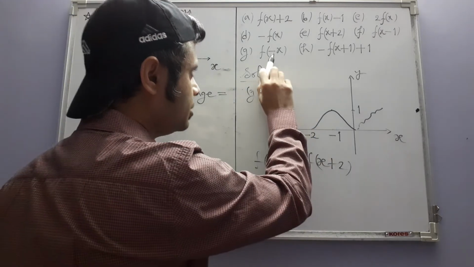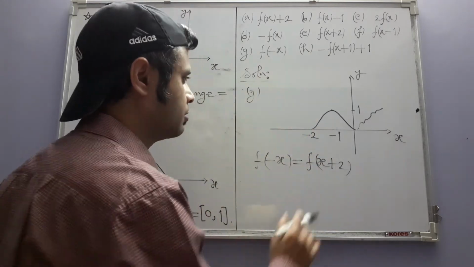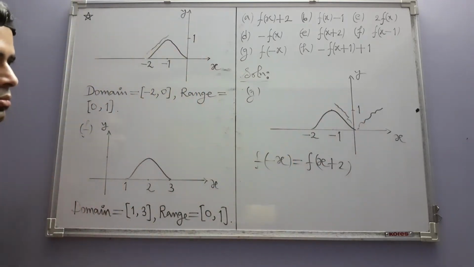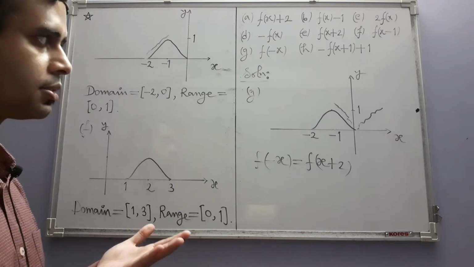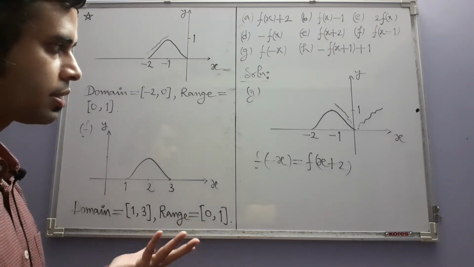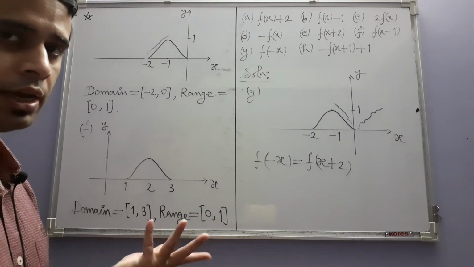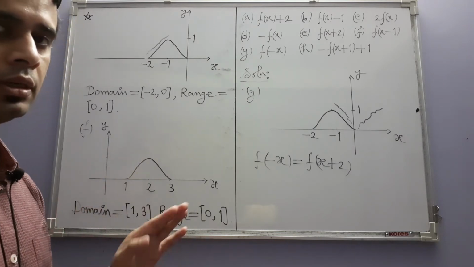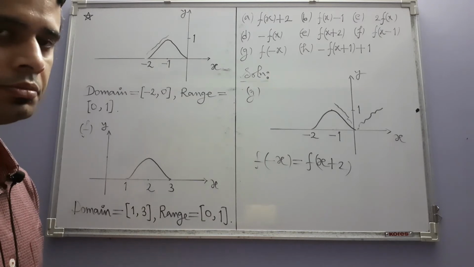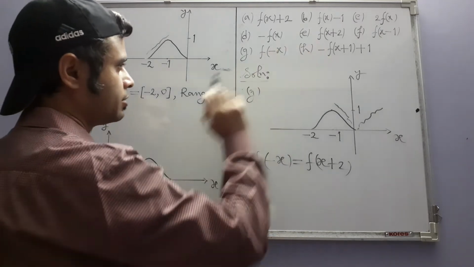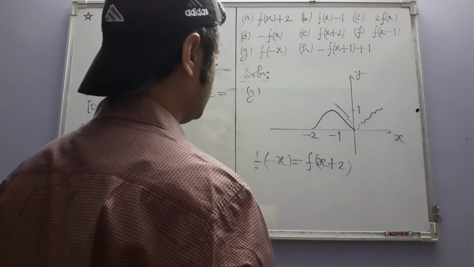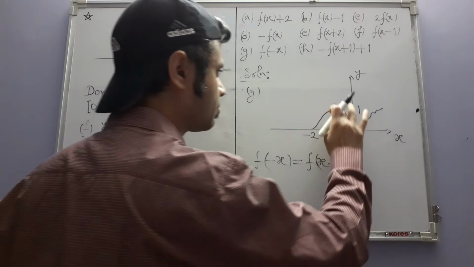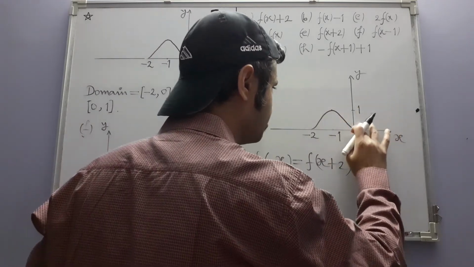However, this one is a reflection. So this one looks like this. In this case, because you have the symmetry, it looks like we have got the same function. And yes, we have got the same function, but that is only because of the symmetry. In general, that is not necessary. These are two different things. Anyway, that is the difference.